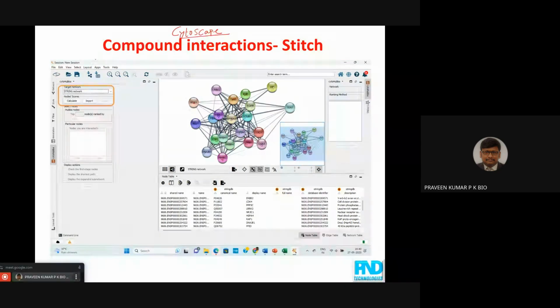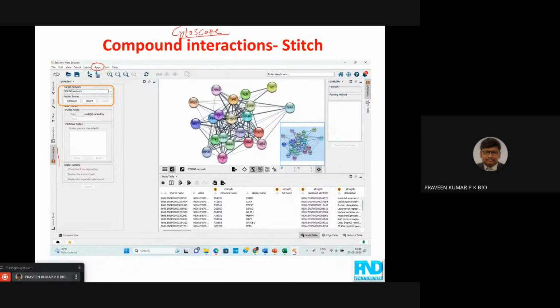In Cytoscape we have so many apps. We can install the apps in the tool itself, this open source software. Whatever you want to work on, we have many apps. Apps are nothing but programs. I have installed one app called CytoHubba.